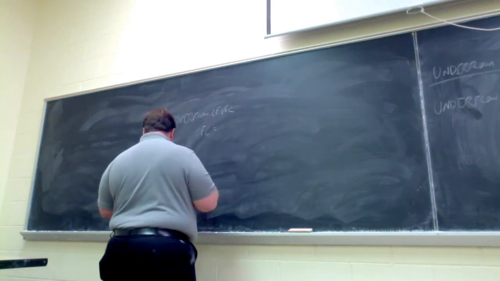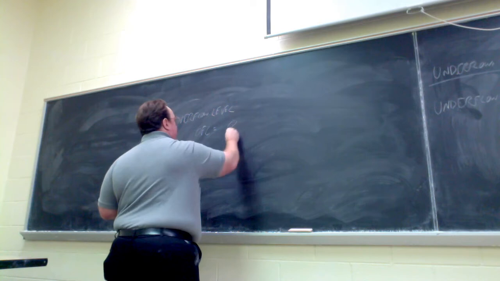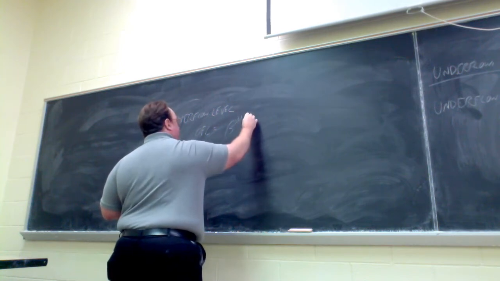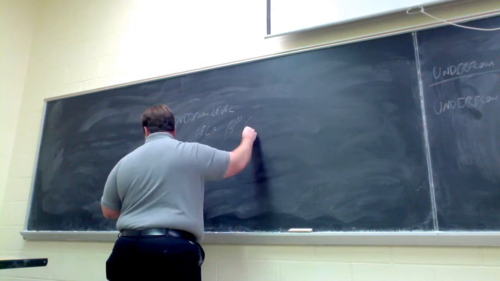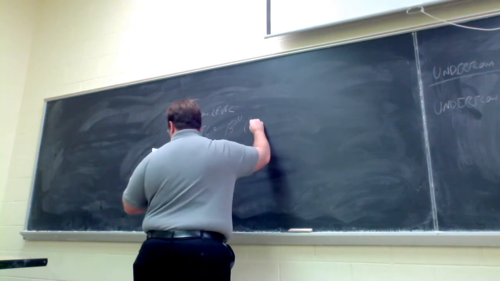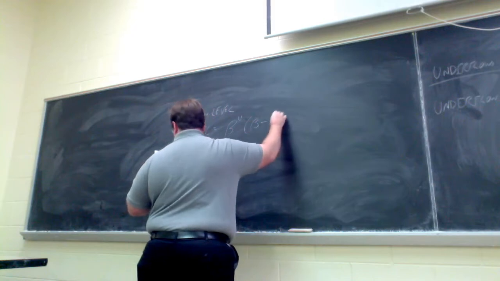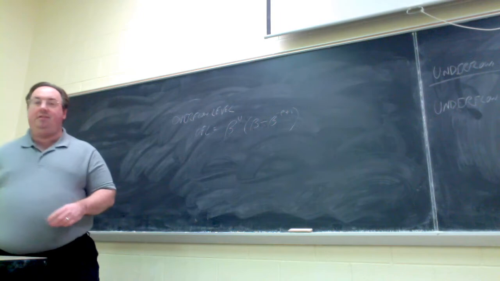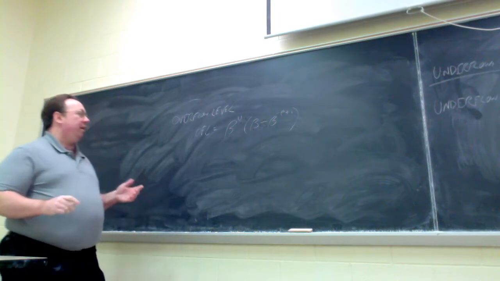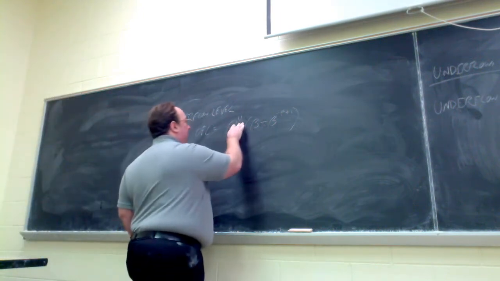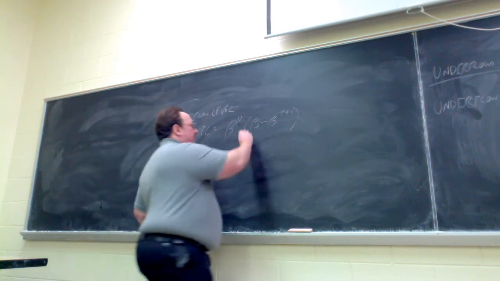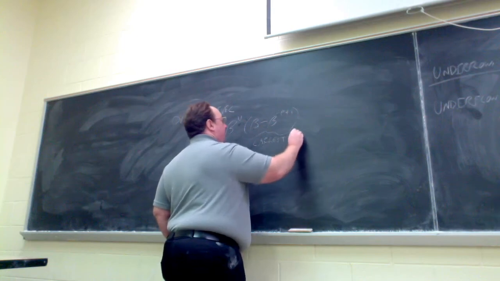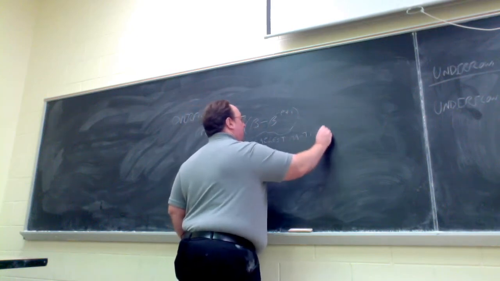The largest number is beta to the u, where u is the largest allowable exponent, times beta minus beta to the minus p plus 1. A way to see where this comes from: u is the largest allowable exponent, and this is the largest allowable mantissa.